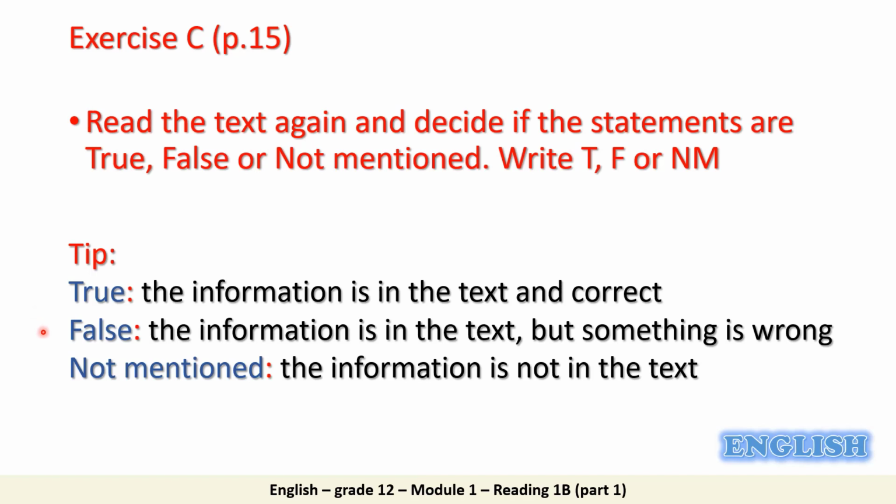You're to choose false if the information is incorrect. You're to choose not mentioned if the information is not there in the text at all. Remember, you're looking for meaning, not identical wording. Please pause the video now to answer the questions.